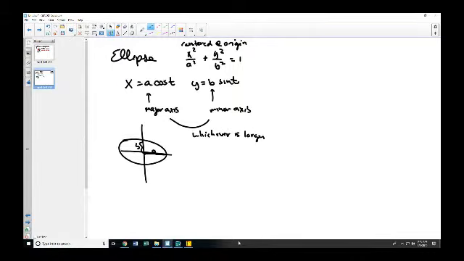So if b is larger, that's the major axis. If a is larger, that's the major axis. So keep in mind those can change. You can have a vertically placed ellipse, but that's all that defines it. a units one way and b the other, and you've got your ellipse if it's centered at the origin. Okay.